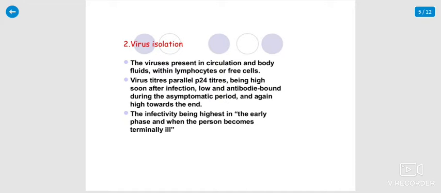Another specific test for HIV is virus isolation. Actually, the virus is present in circulation and body fluid, with the lymphocytes or as free cells.